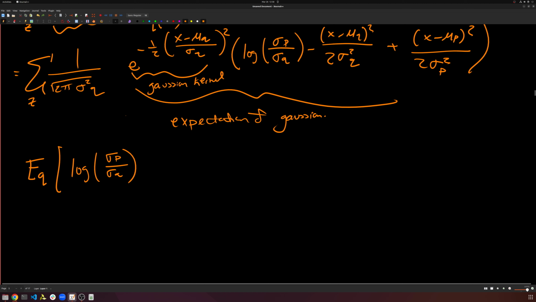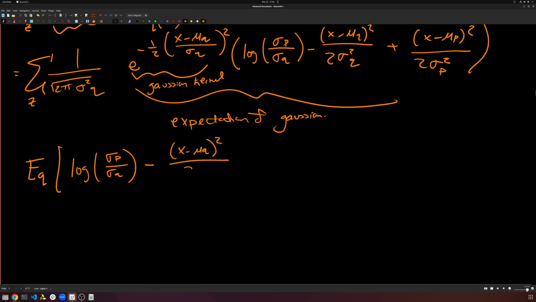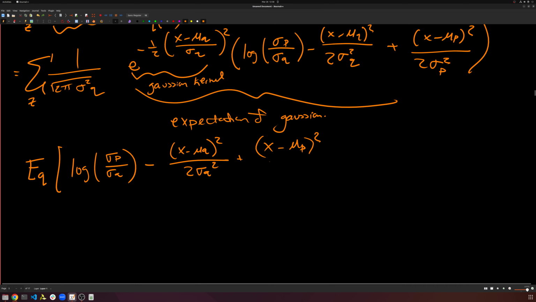Yeah, sigma P over sigma Q. Again, minus x minus mu Q squared over 2 sigma Q squared plus x minus mu P squared over 2 sigma squared P. And that's it, right?